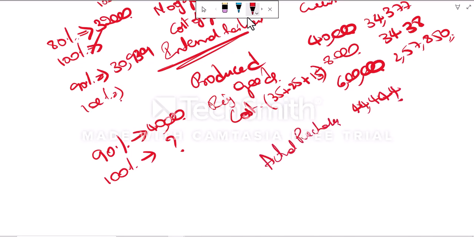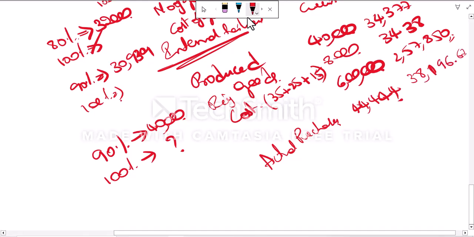In the current scenario, 34,377 divided by 90 into 100, 38,196.67.